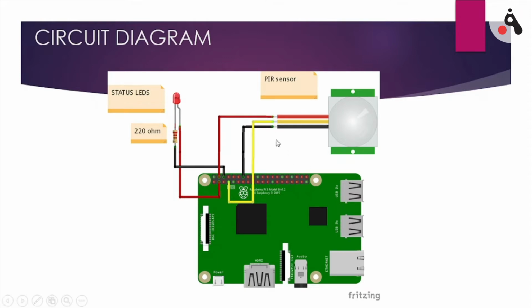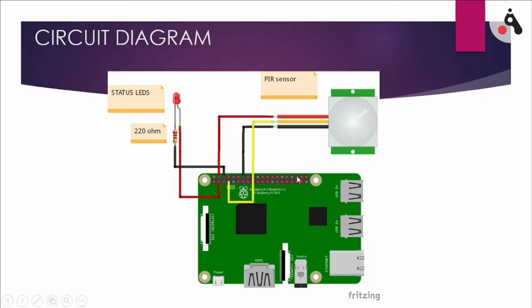As you can see in this circuit diagram, this PIR sensor is connected to this Raspberry Pi; the data pin is connected to GPIO 4, and the VCC and ground are connected to 5 volt and the ground respectively. And talking about the status LED, we have connected it to GPIO pin 2, and it is connected to the ground through a 220 ohm resistor.